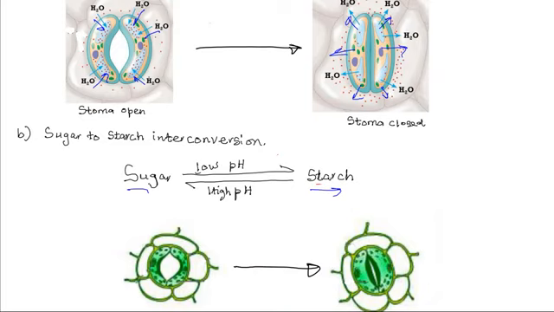So during the day, when photosynthesis is taking place, guard cells use up carbon dioxide. As a result, the pH in the guard cells tends to rise, because remember, CO2 reacts with water to form carbonic acid.